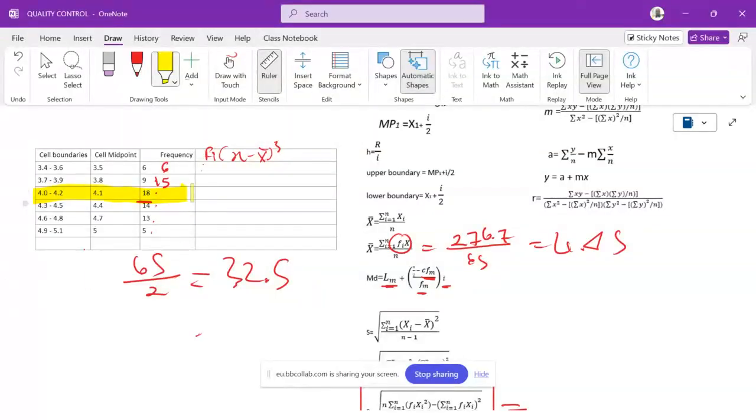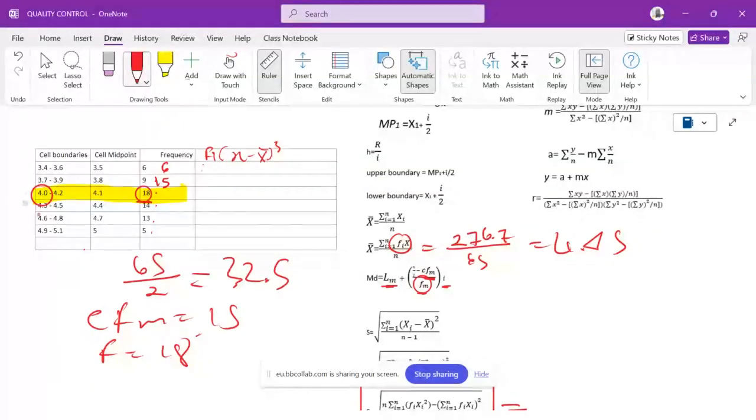So the CFM is equal to 15, which is the value before. When you go to your booklet, in your book, you will see this. They explain it thoroughly, that it's the one before. And then the frequency is 18. The lower boundary value is 4 there.